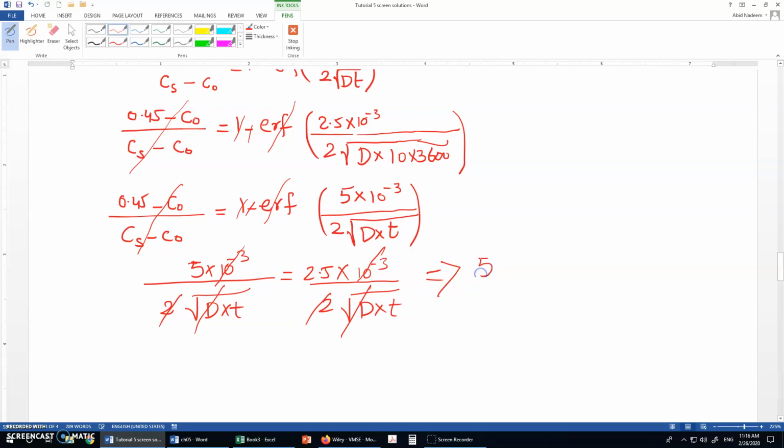So 5 is left here, and under root t is left here. I think I'm making some mistake over here. Yeah, for 2.5 it was not under root D, it was the time under root.